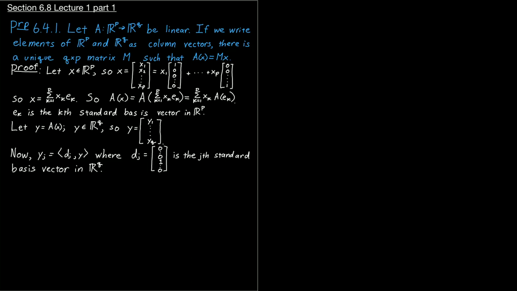So we're using E and D because we've got these two vector spaces, R^P and R^Q, and we don't want to use the same letter for both of them. And then you can pick out the jth component of Y by taking the inner product with dj.